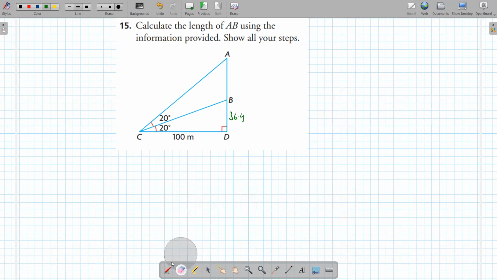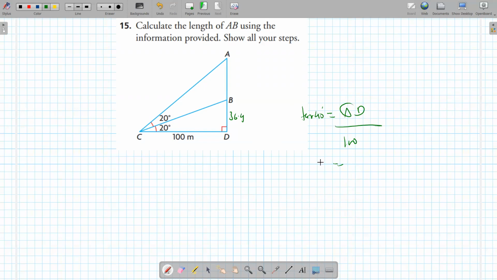That's step number 1. Can we find AD? Yes. How do we find AD? You use tan, and then the angle is 40. Right, so tan 40 is AD over, still the adjacent is 100. So AD is 100 times tan 40.